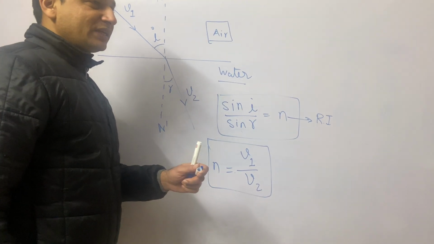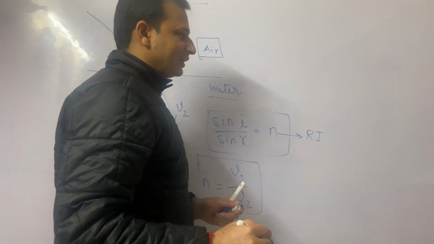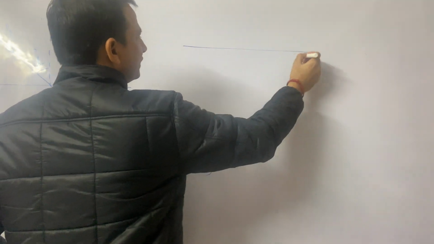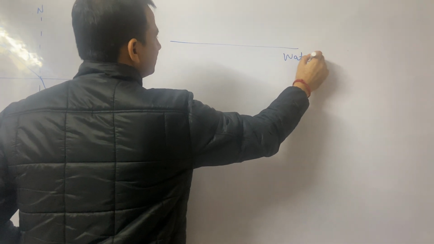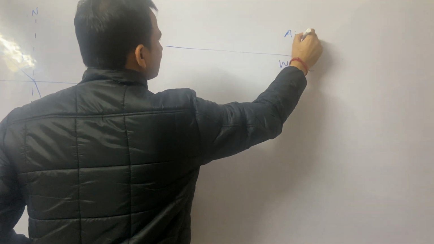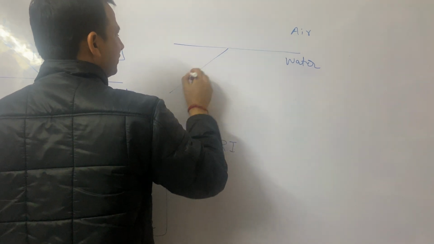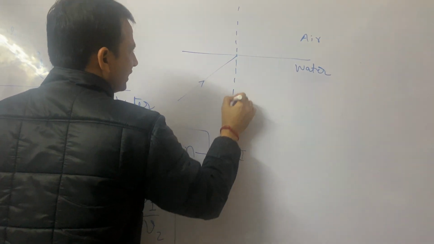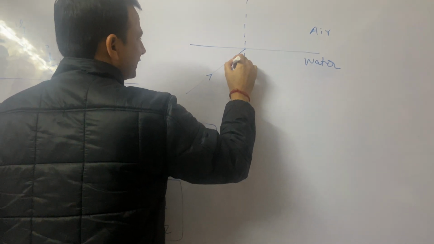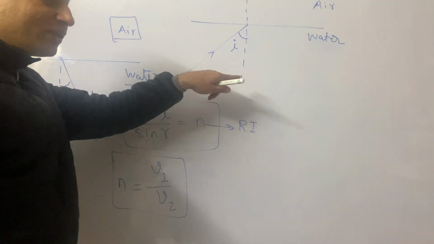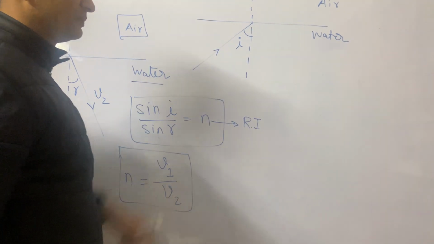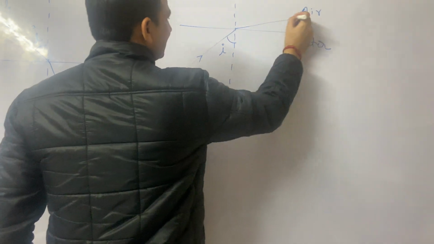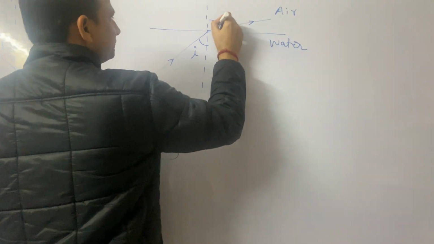Now imagine the same ray of light is passing from water to air. Now water is the first medium and air is the second medium, and here is the ray of light which is hitting the surface at an angle, let's say i. Now the angle of incidence is in water. So when the ray of light goes into air, it will bend away from the normal.